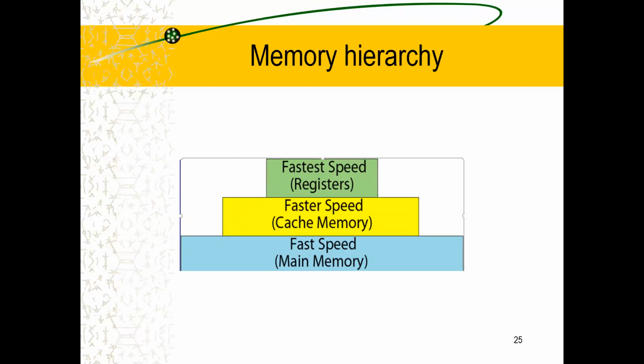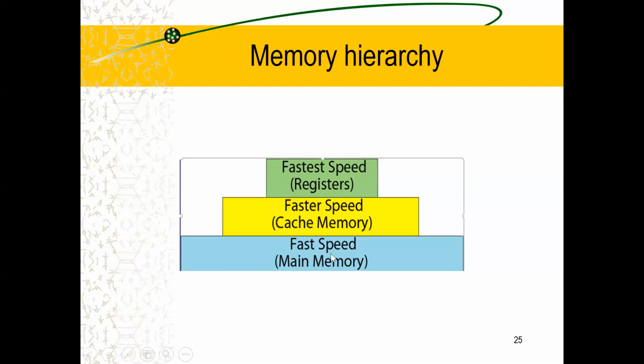Memory hierarchy. You can see here, the main memory is available to the CPU for operations, but how can it be made fast, because accessing main memory also takes time.